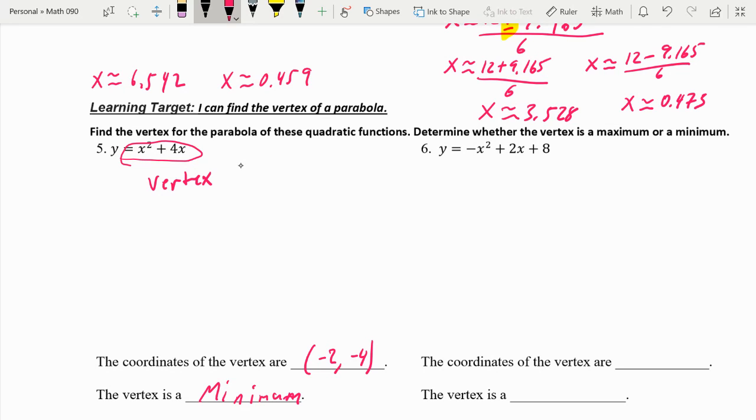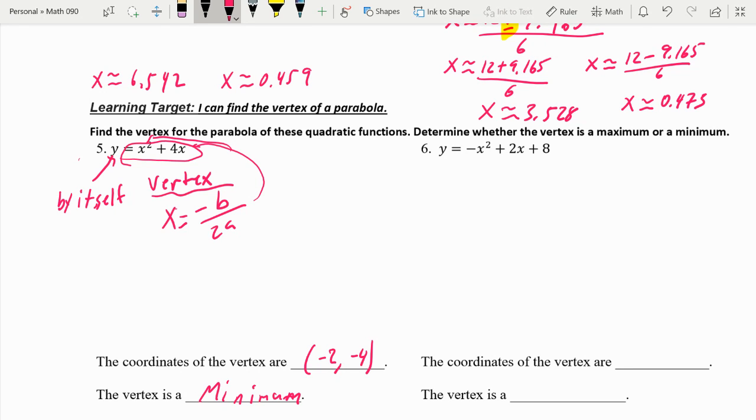Y has to be by itself. Now to find the vertex, we're going to do x is equal to negative b over 2a. And then remember, whatever we get for x, we're going to plug back into the equation.